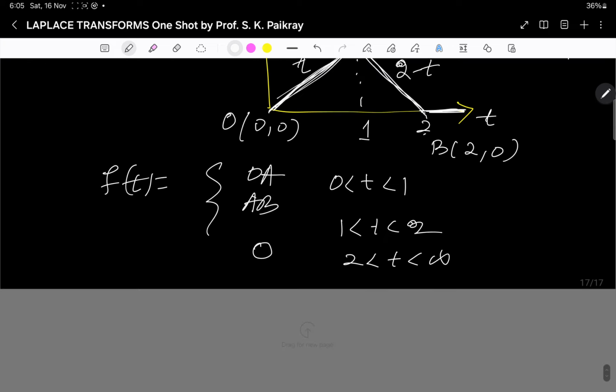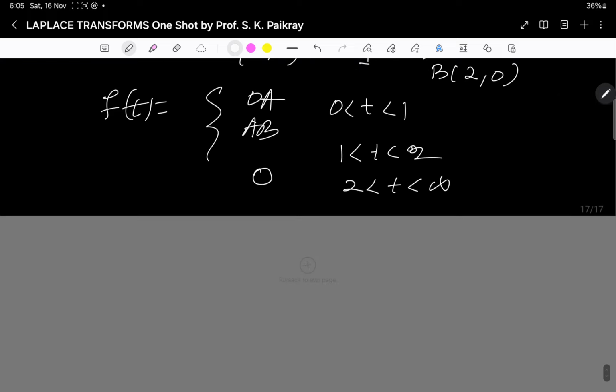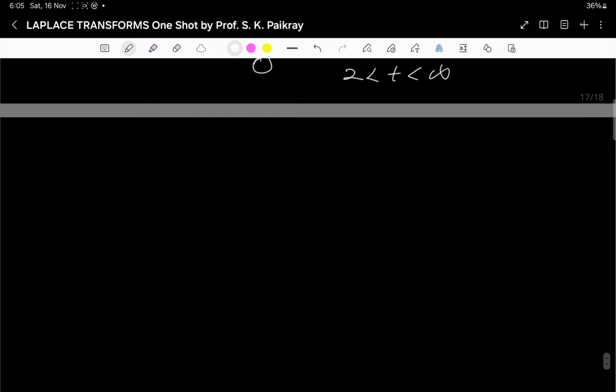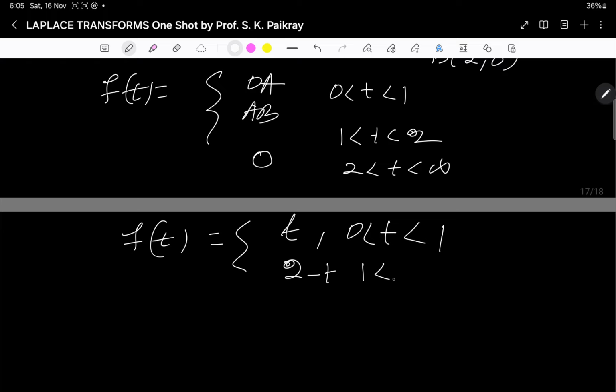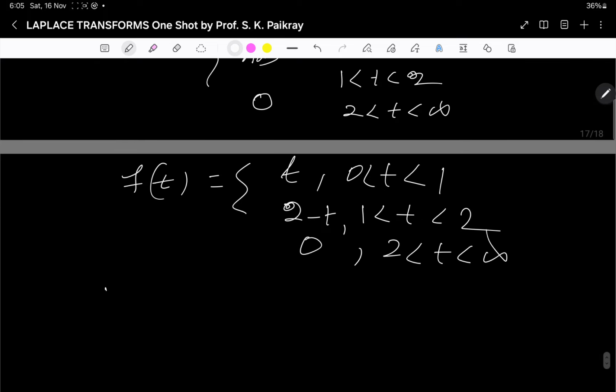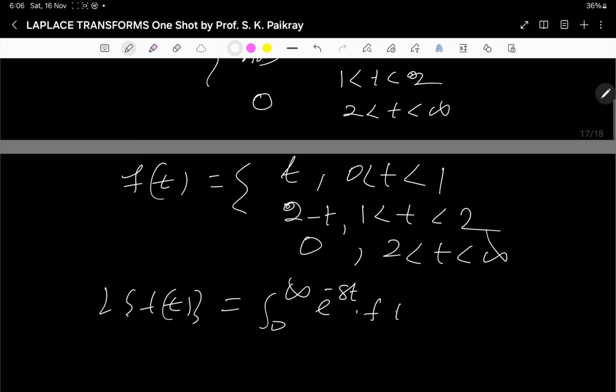So what is the question now? Your f(t) is equal to t for 0 less than t less than 1, and AB is here 2 minus t for 1 less than t less than 2, and 0 otherwise for 2 less than t less than infinity. So accordingly, what is L of f(t)? L of f(t) is integral 0 to infinity e to the power minus st into f(t) dt.